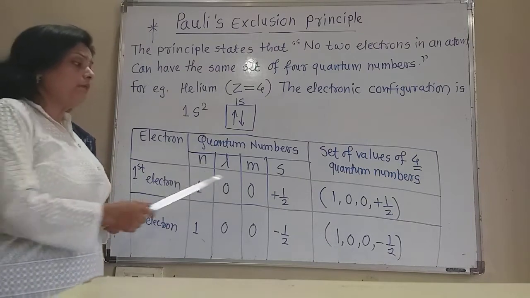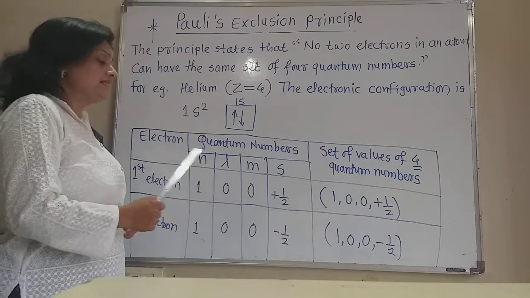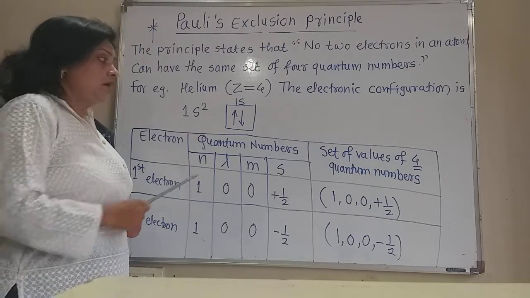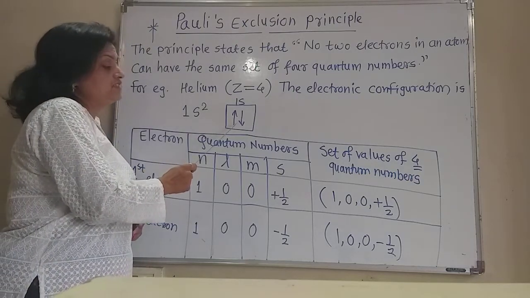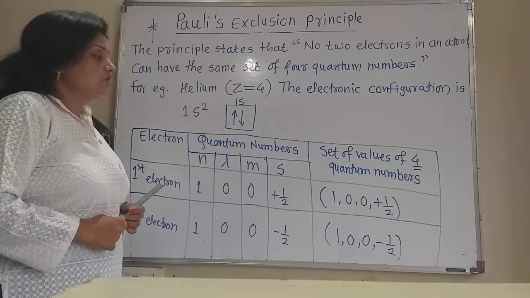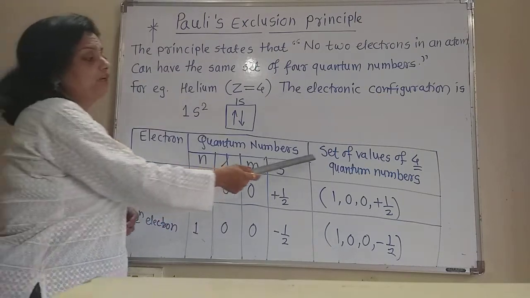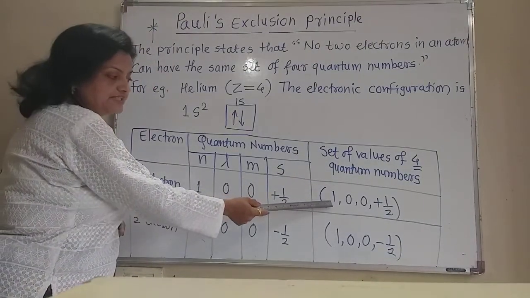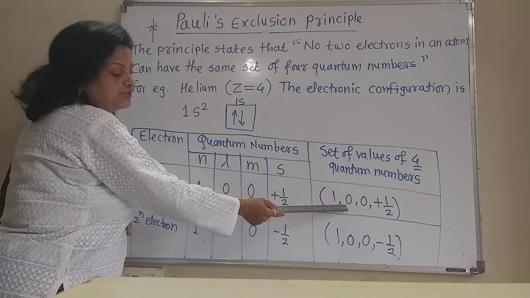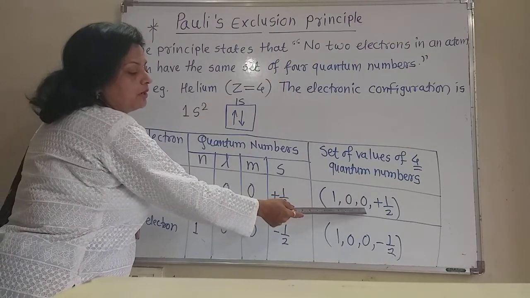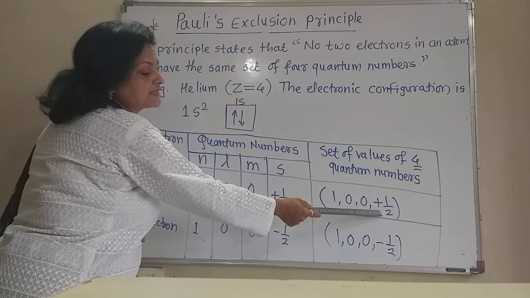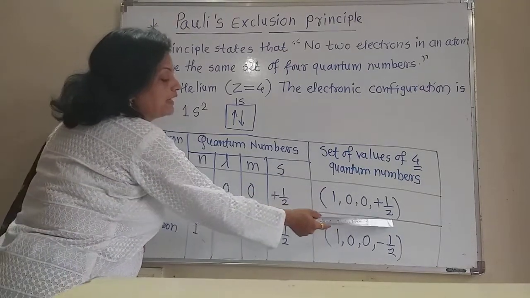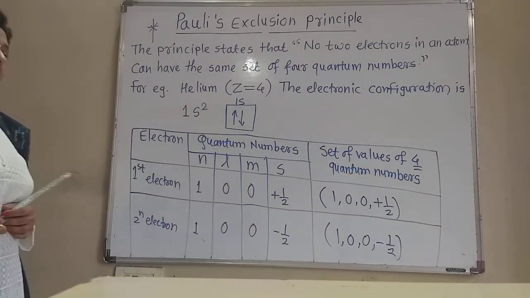The spin quantum number has only 2 values, plus half and minus half. As it is an upward pointing arrow, its value is plus half. So the set of 4 quantum numbers is 1, 0, 0 and plus half.